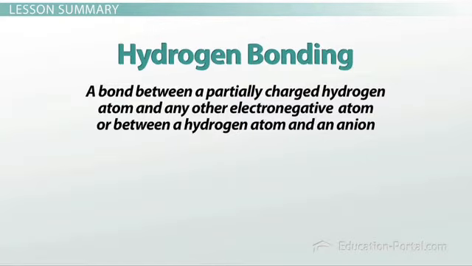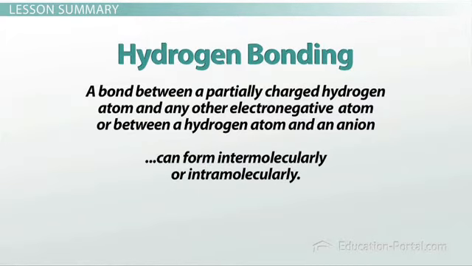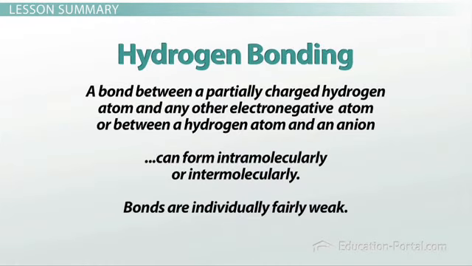It's important to note that hydrogen bonds can form intermolecularly, between atoms that are in different molecules, but they can also form intramolecularly as a link between atoms within the same molecule. The strength of a hydrogen bond is individually fairly weak, but we'll see how hydrogen bonds often work together, and the cumulative strength of the hydrogen bonds is actually pretty significant and plays an important role in biology.